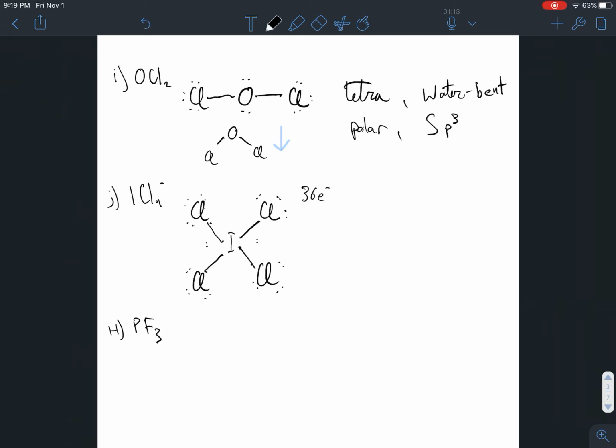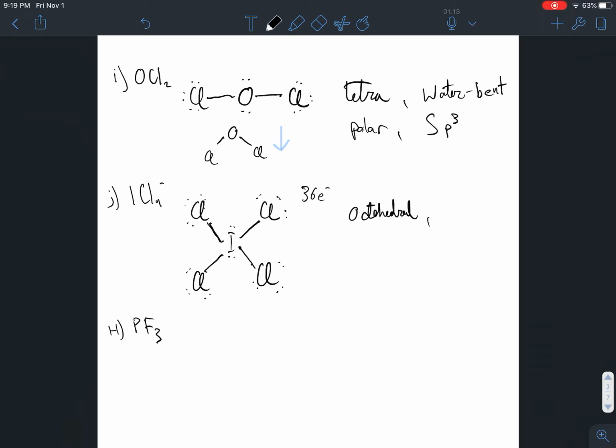So the central iodine has 4 bonds and 2 sets of lone pairs. And all the other chlorines have what they have. Okay, so the base shape is, there are 6 electron domains, so it is octahedral.